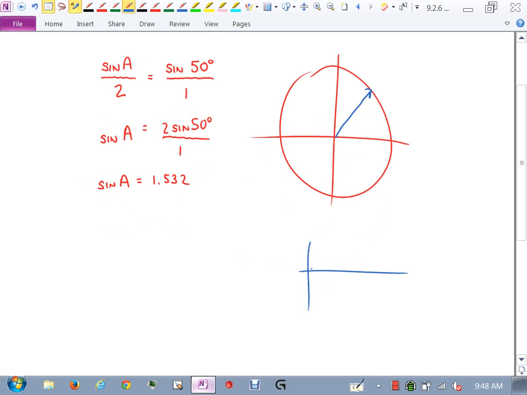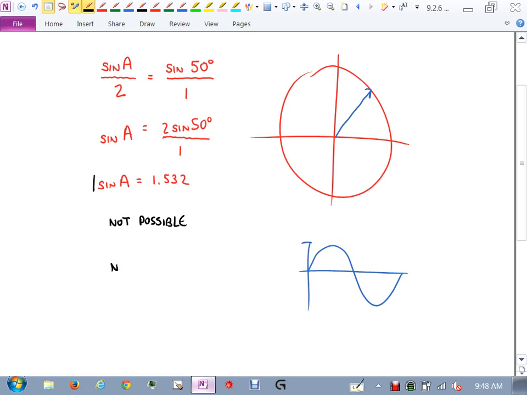The graph of sine looks like this, right? What's the amplitude? What is the amplitude of this one right here? Well, it's the number in front of sine, which is 1, right? So the highest it can be is 1. So there's no way this is ever going to happen. Or you just do it on a calculator and get error, but I want you to understand why. So this is not possible, right? Not possible.